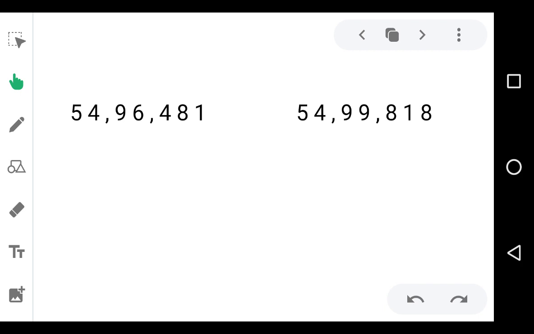See in this example, the digits at the 10 lakh place are the same. Here is 5 and here is 5, and in the lakh place here is 4, here is 4. They are the same. And in the 10,000 place, here is 9, here is also 9. They are again the same. In the 1000 place, here is 6 and here is 9. So how is 6 to 9? 6 is smaller than 9.